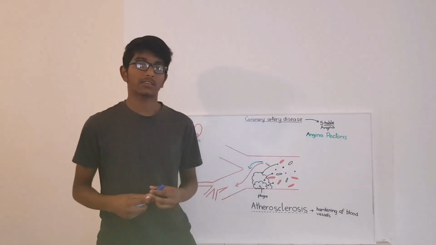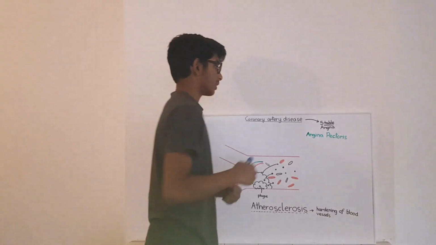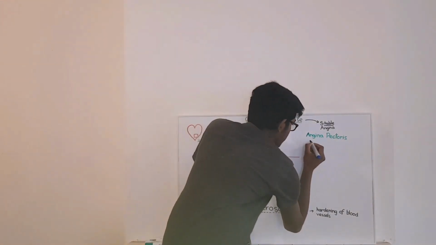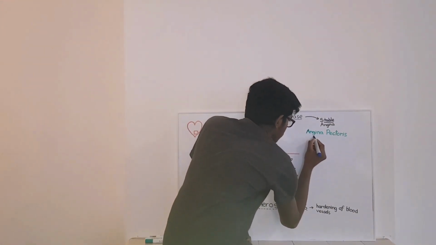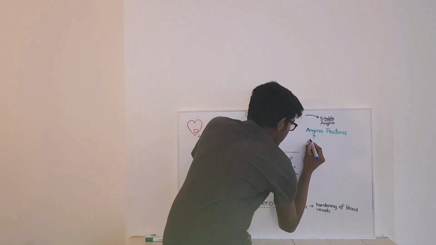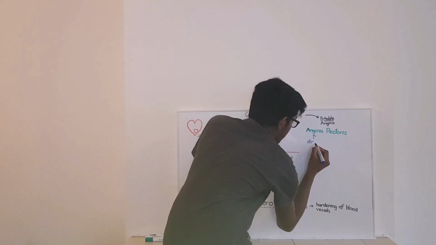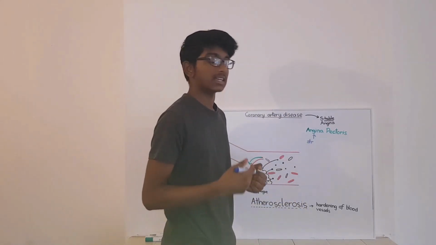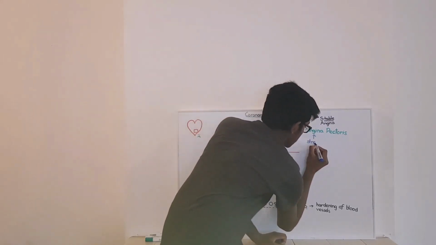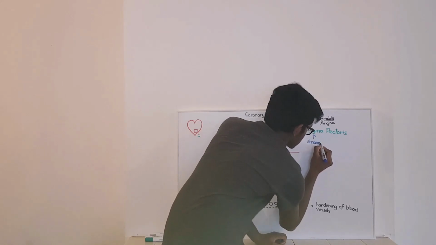And if you look at this word properly, angina is Greek for strangle. And many people often describe stable angina as if someone's strangling their chest. So pectoris is chest.